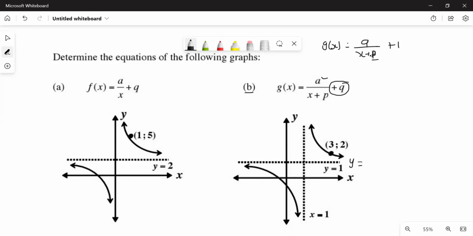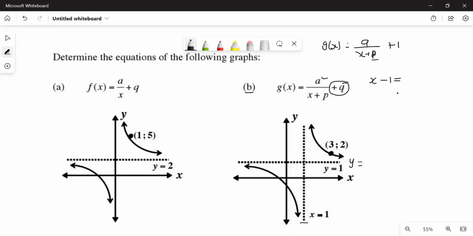P is the value that we put here such that we get the vertical line. It's not the vertical line itself. P is the value that you put so that you can get the vertical line. Remember, how do you get that? You say x minus 1 is going to give you this thing here.